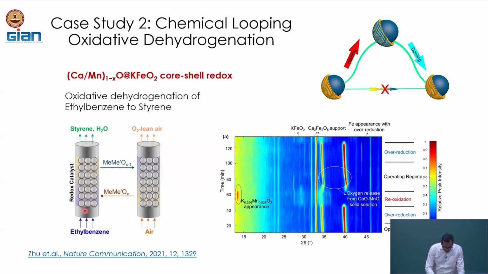And what happens is that the ethyl benzene comes, it reacts with the available oxygen from the oxide material and forms styrene. Now, since it has consumed those oxygen species from the lattice of the material, in the second cycle we are passing air which has some 21% oxygen, such that the catalyst is reoxidized, and then we have oxygen lean air at the outlet, and this cycle just goes on.